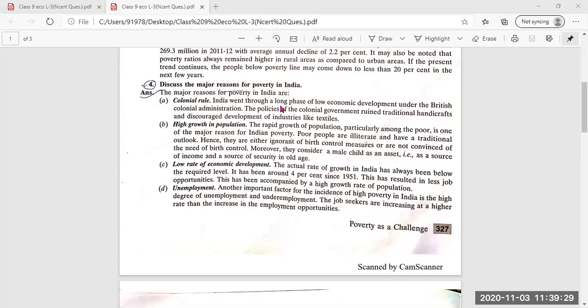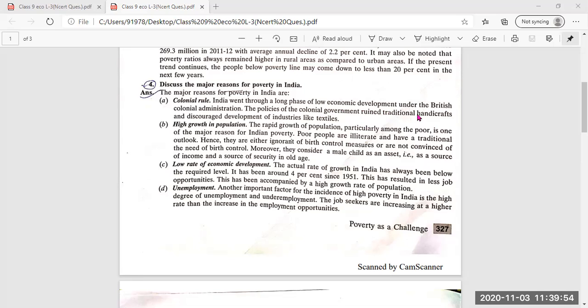So India went through a long phase of low economic development under the British colonial rule. When we as Indians were under the supremacy of British rule, we suffered a lot from low economic development, because the Britishers were the ones framing the policies, rules and regulations just for their own profit making only.